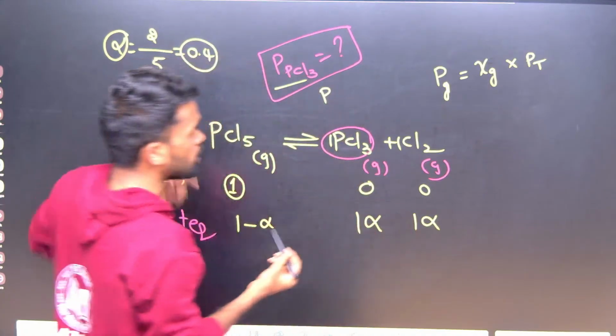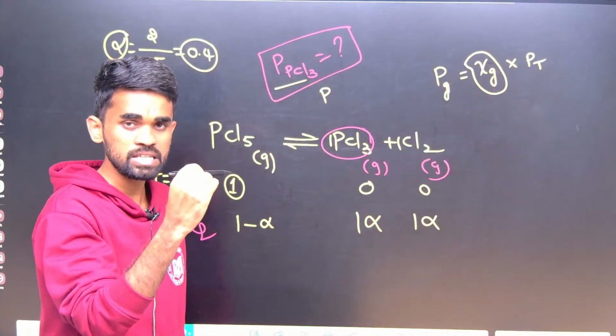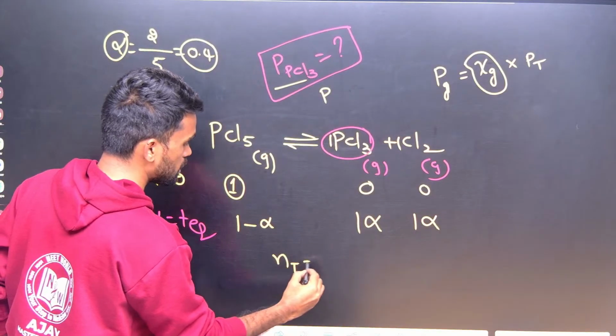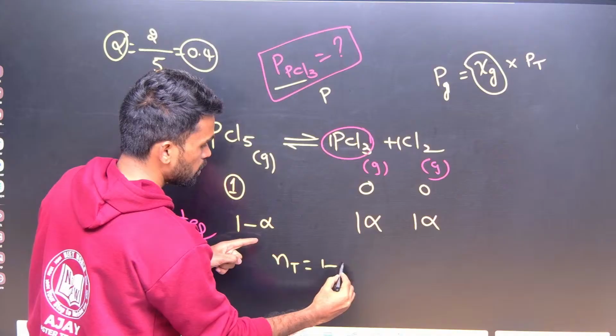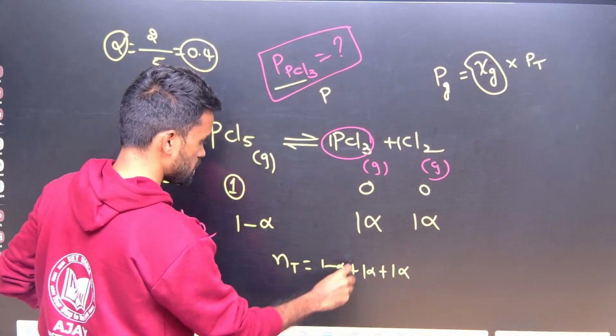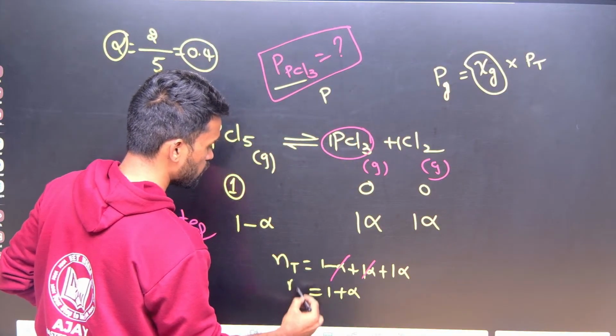So now what to do? What is the mole fraction formula? Number of moles of that gas by total number of moles. Now find the total number of moles here: 1 minus alpha plus alpha plus alpha, so you will get 1 plus alpha as the total number of moles.